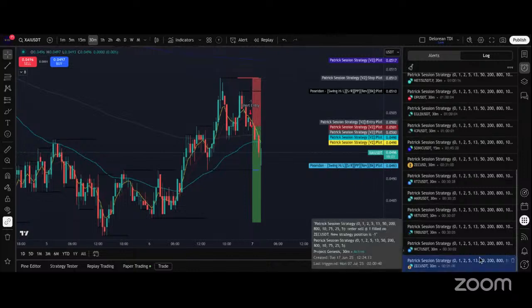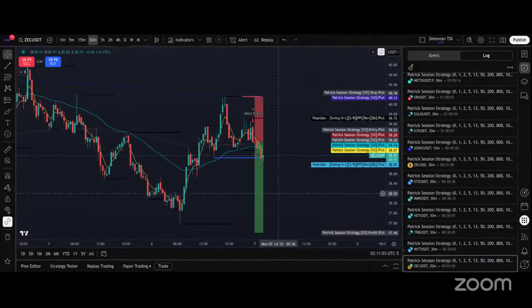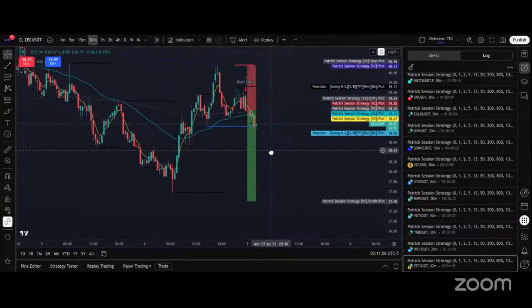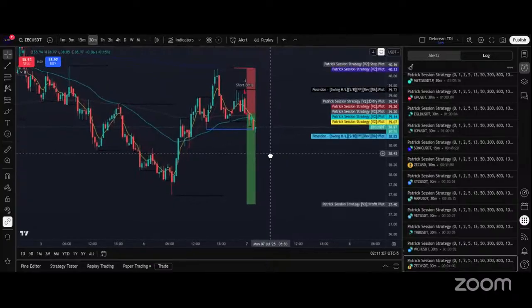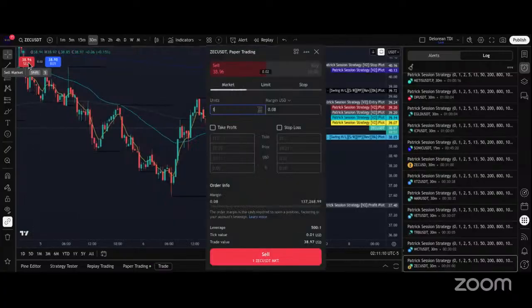We have a ZEC versus Tether. That is close enough in profit that we can call it. We're going to take this as a sell to 37.40.